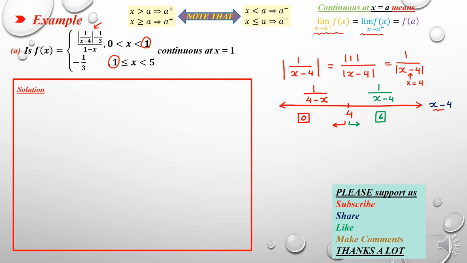So for the original function here, we have the interval from 0 to 1, which is included in the interval when x is less than 4.